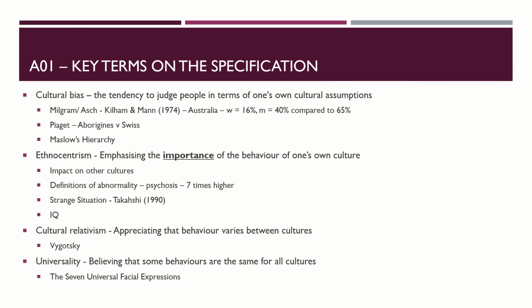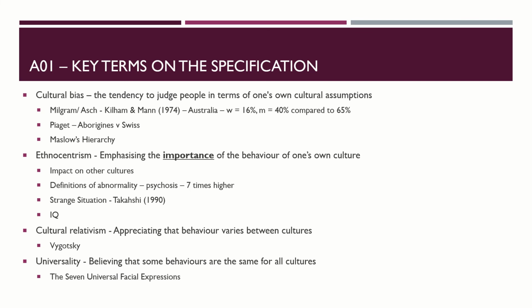And again, we could have the 7 universal facial expressions, because I don't want to teach you another theory, because I know you have lots of information you need to remember. So 7 universal facial expressions: the idea that all humans will respond spontaneously to the stimulus that makes them happy with the same facial expressions, or a stimulus that makes them sad with the same facial expressions if it's spontaneous.